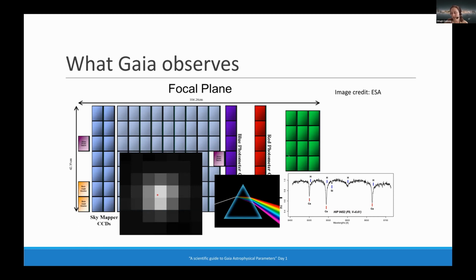Now, there are fewer CCDs here. There's a lot more down here. So you can see that if a star is here, it's not going to pass it. So there are actually fewer transits. When I say transit, I mean observations, passing of the star for the RVS spectra. Plus, of course, they are much fainter, or they need a higher signal to noise ratio.